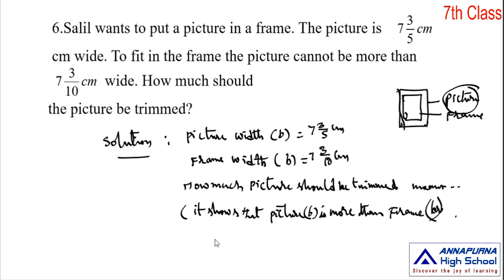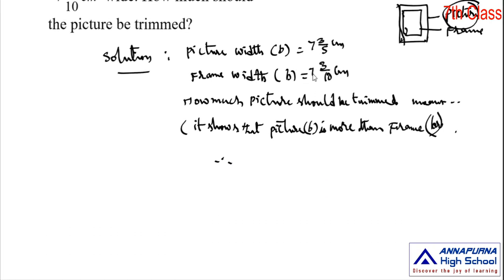So therefore, you subtract 7 3 by 10 from 7 3 by 5. So how much should be trimmed means 7 3 by 5 minus 7 3 by 10 centimeters.